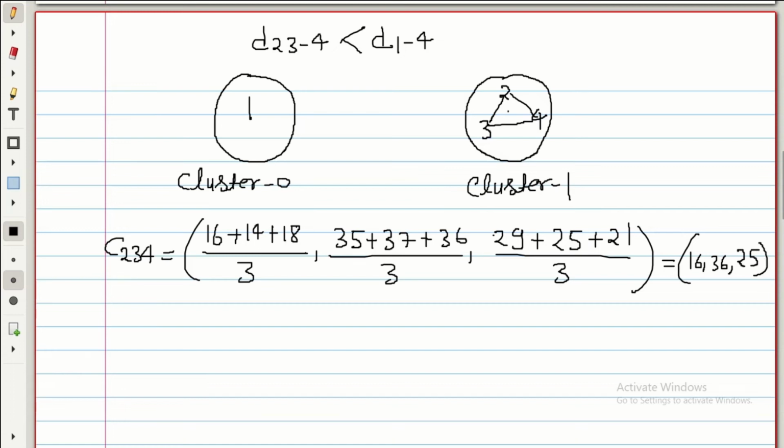So actually that would be somewhere here, the center of 2, 3 and 4. That is the centroid.